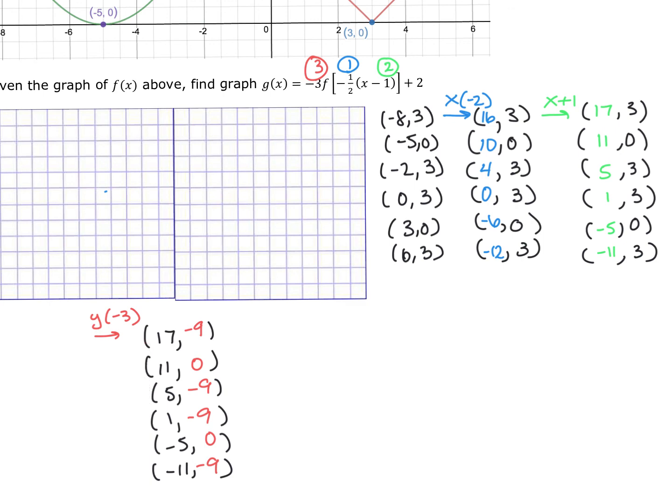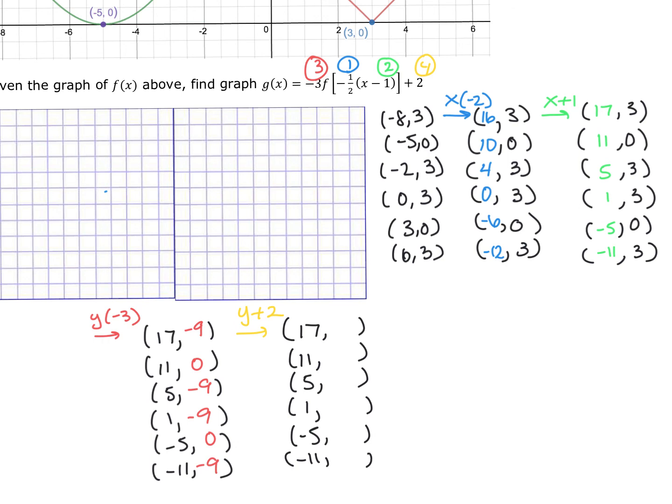Now, my last and final thing is I'm going to take all my y's and add 2 to them. My x's have stabilized. And now my y's, let me go ahead and put this other side of the parenthesis there.